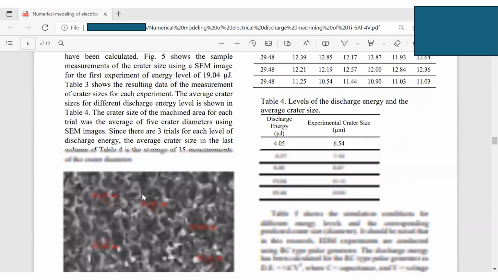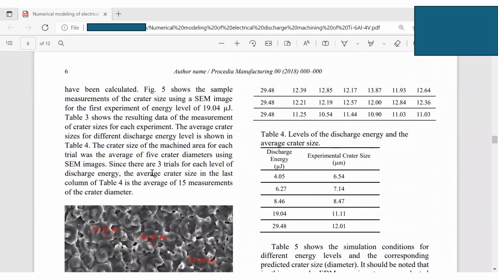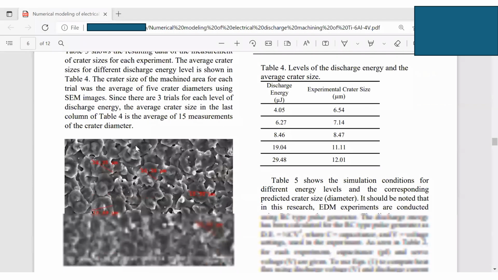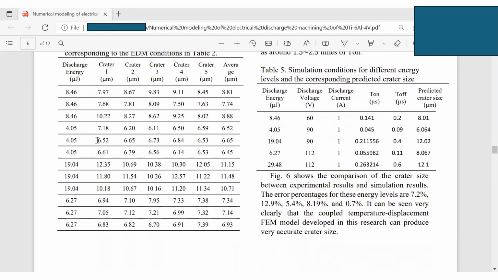This figure shows a sample measurement of the crater size using an SEM image for the first experiment in the previous table. Table 3 shows the resulting data of the crater size measurements. Here is the crater size for different energy levels and different conditions.